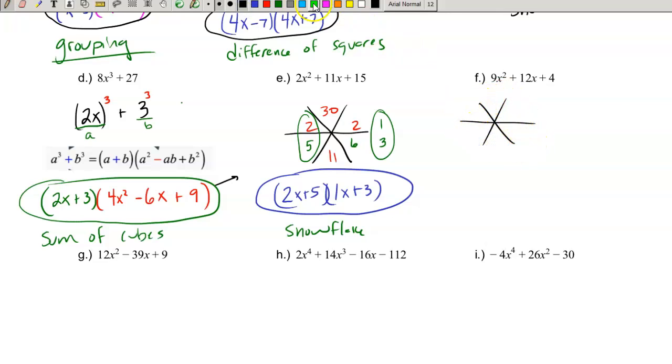And so the a value is 9 and 9. a times c is 36. The b term is 12. We think about what multiplies up to 36 and adds up to 12. That's going to be 6 and 6. So I'm noticing now that this is a perfect square trinomial, because notice that my two columns here are the same.